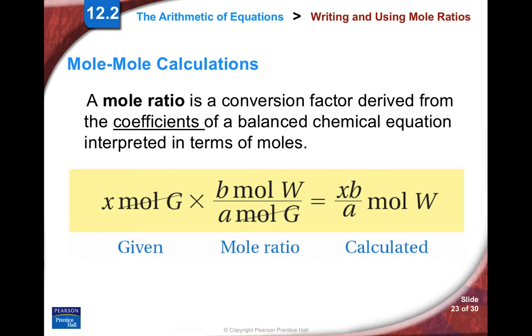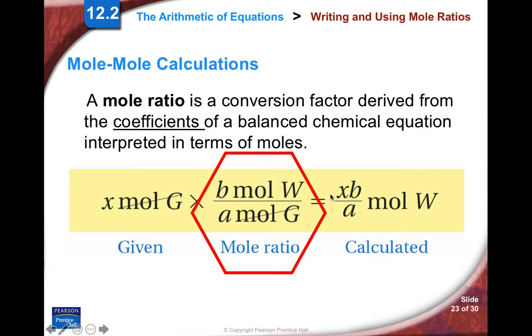From the book, they use, again, given and wanted. I used given and asked for, same difference. You're going to start with some number of moles of your given substance. That mole ratio, again, comes from the balanced equation: however many moles of the wanted substance per however many moles of the given, these are just variables.